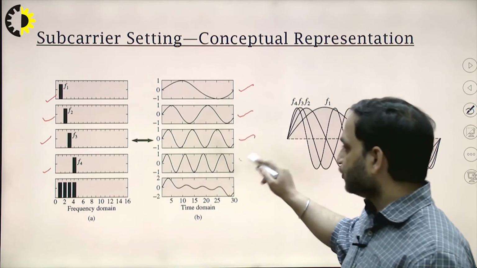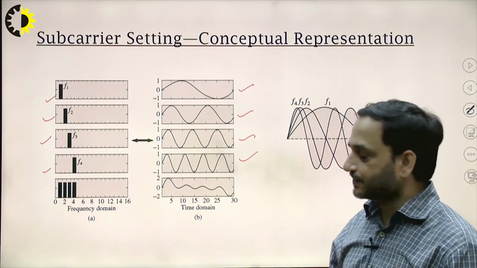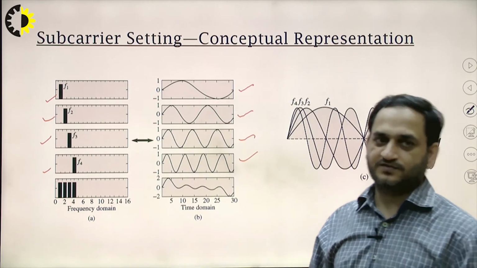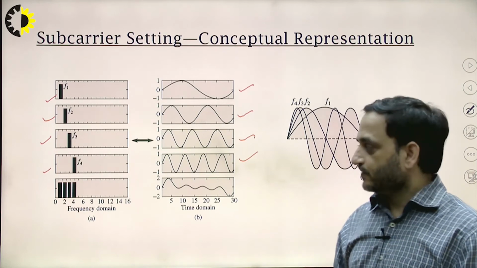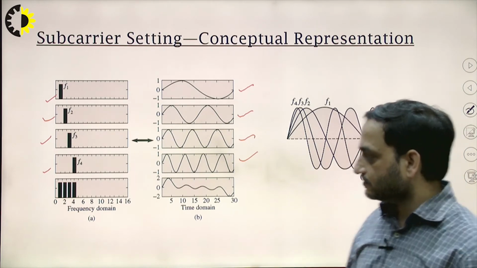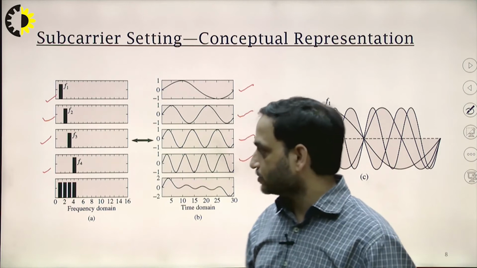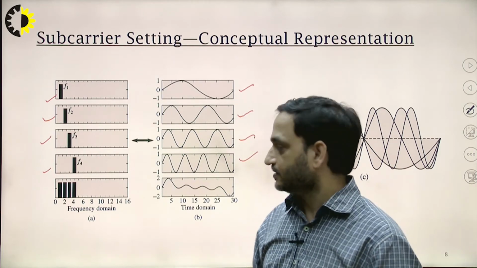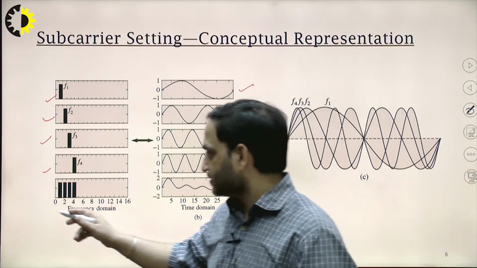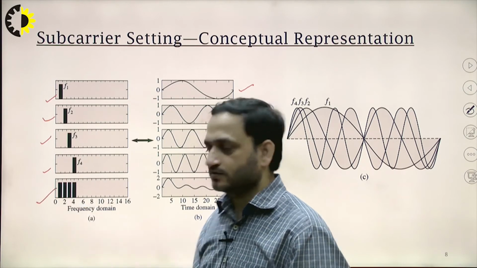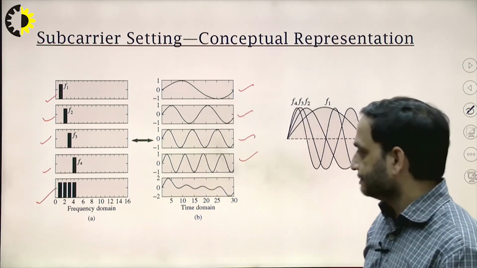So these are four different subcarriers which we are using: f1, f2, f3 and f4. When we combine all of them, the complete response of all these four added signals will be like this. All four frequency components are there.